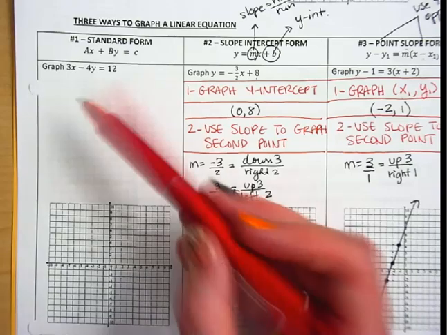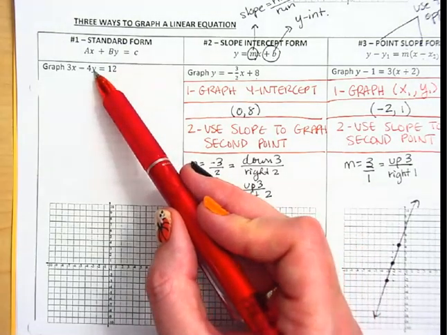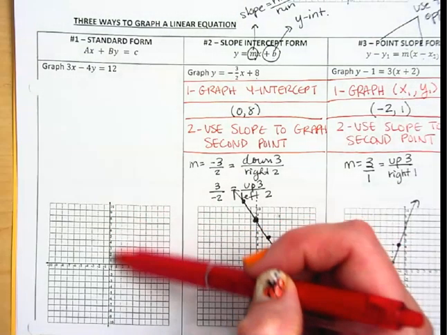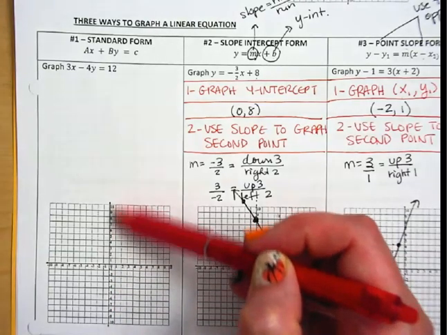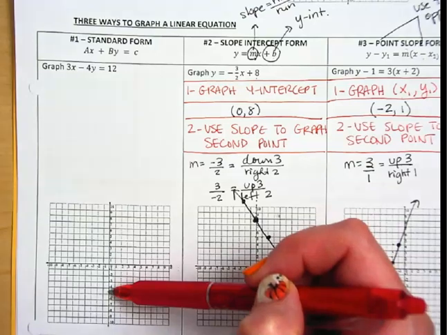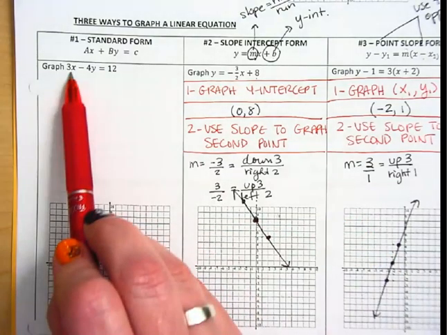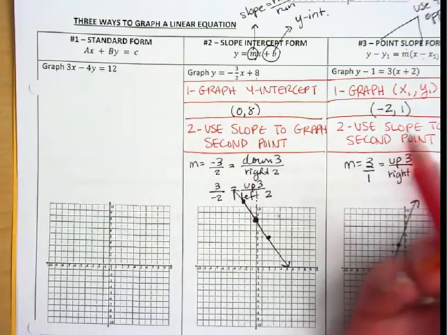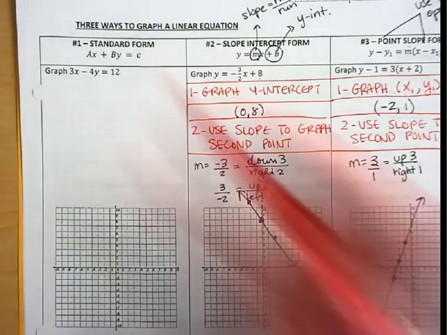So mathematically, that means I can just put 0 in for y and solve for the x value. The same thing is true for the y-intercept. Any point up and down the y-axis, which is a y-intercept, is going to have an x value of 0. So mathematically, I can just put 0 for x and then solve for y, and that will give me my second point. So that's what we're going to do.